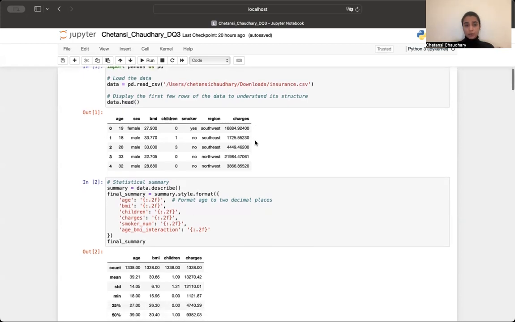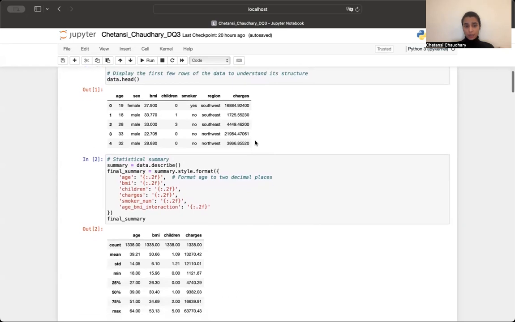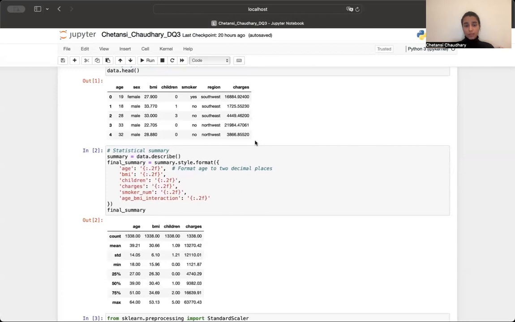For that, we have used data.describe, which gives us a statistical summary of only the numeric variables, not the categorical variables, since we can't find count, mean, median, mode for categorical data. We can only find it for numerical data.